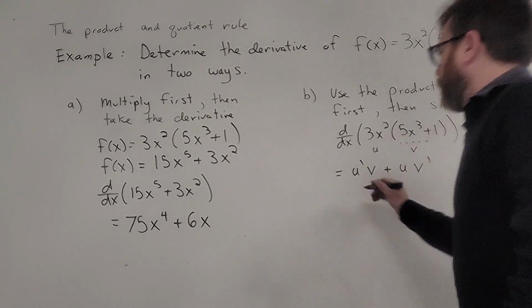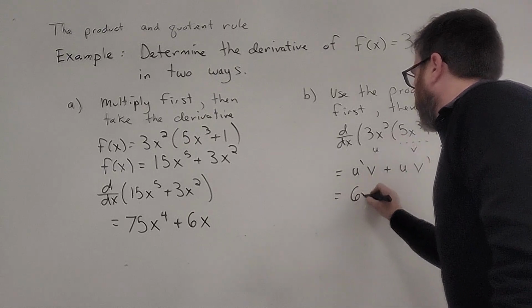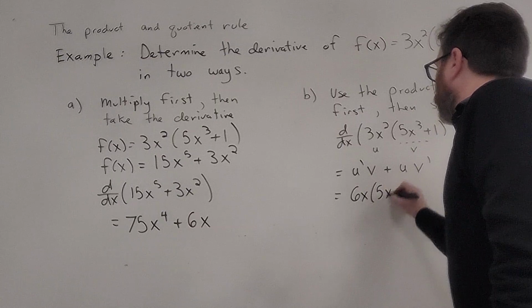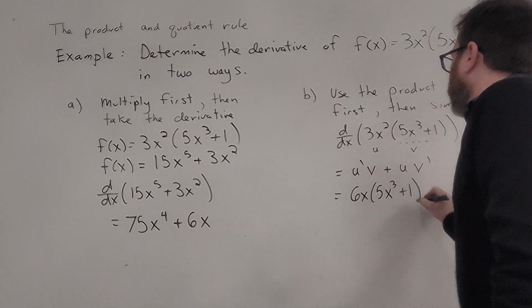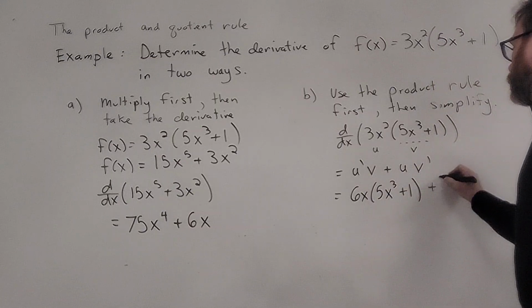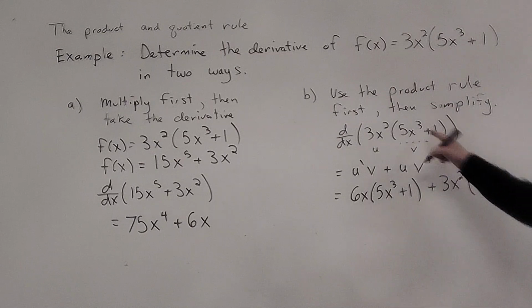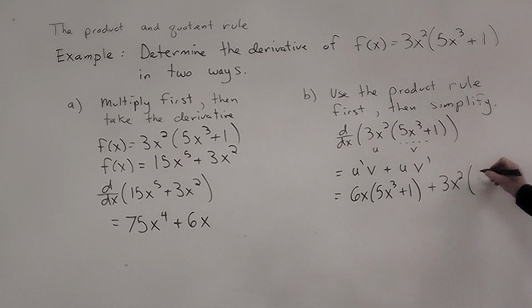So the derivative of the first, we have 6x times the second, which is 5x cubed plus 1, plus the first, which is 3x squared, times the derivative of the second, so this is going to be 15x squared, and the derivative of 1 is equal to 0.